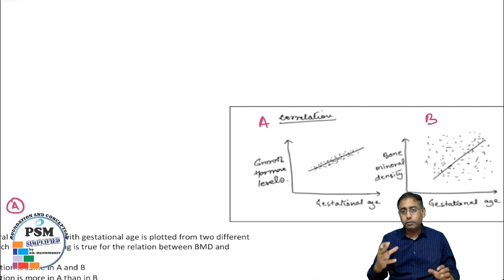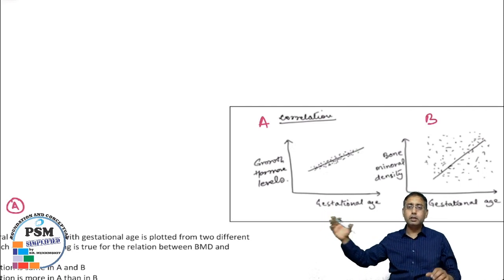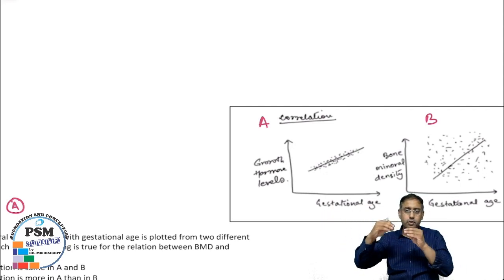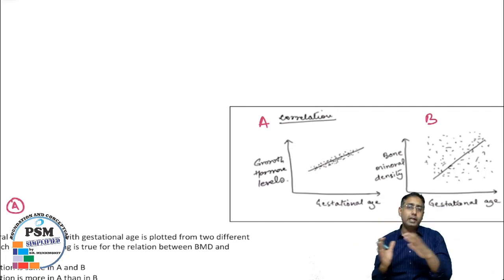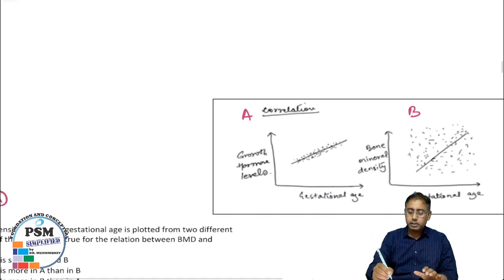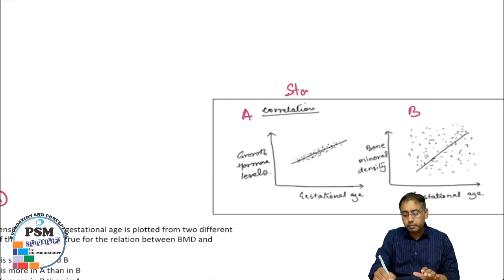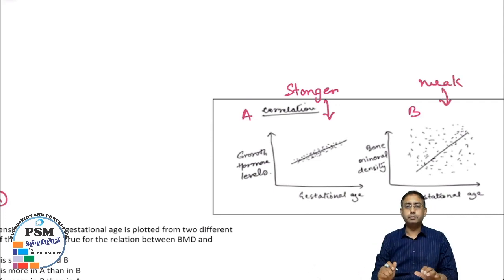The strength of correlation is very less. Whereas in this curve, the values are very near to it, the variation is very less and they are more closely compacted. So we say this is a stronger correlation, whereas this is a weak correlation.